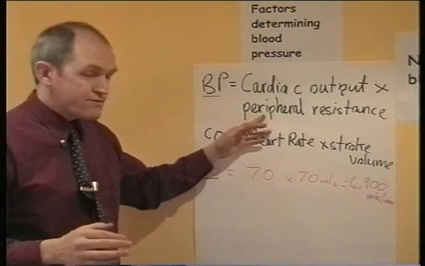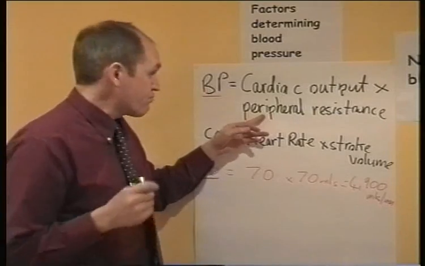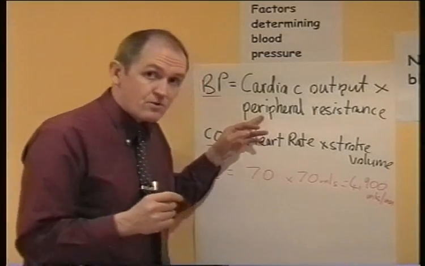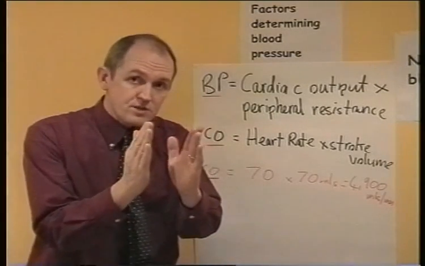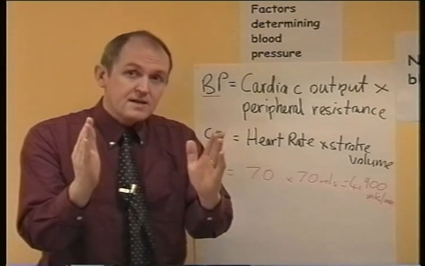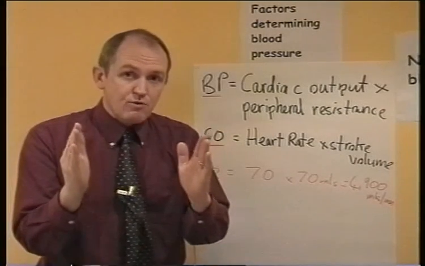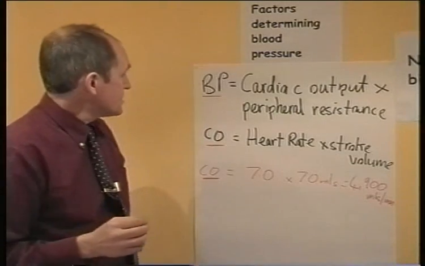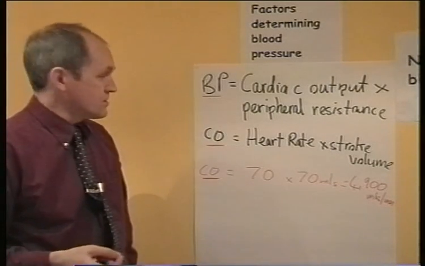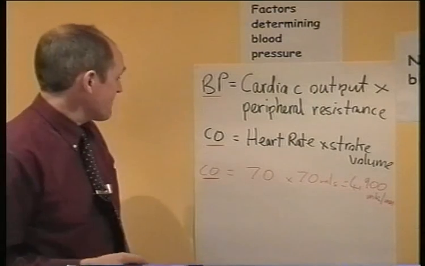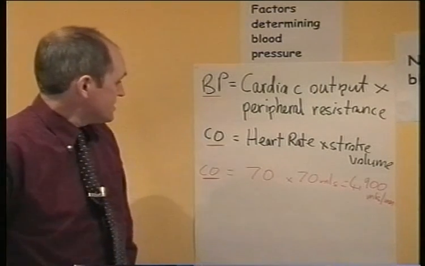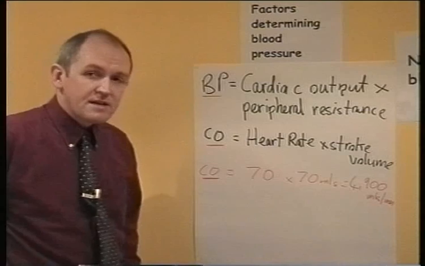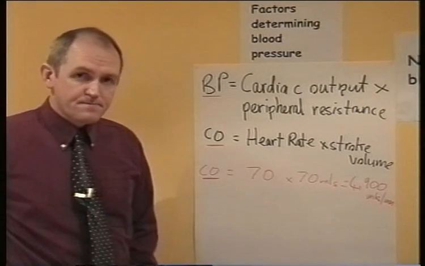However, if the arterioles dilate, get wider, then the peripheral resistance will fall and the blood pressure will also fall. So blood pressure is equal to cardiac output times peripheral resistance, and cardiac output is itself determined by heart rate times stroke volume.